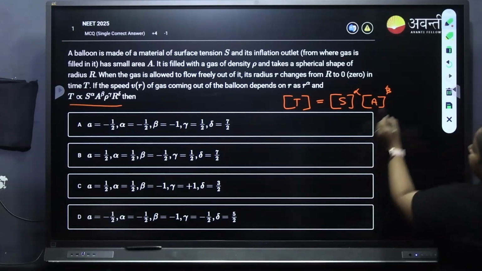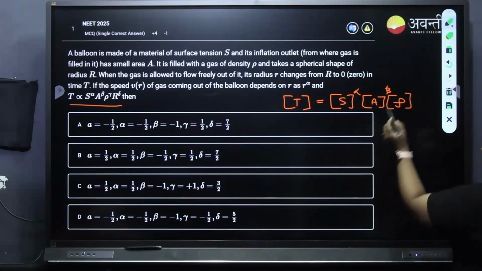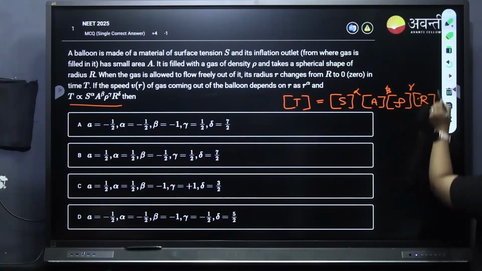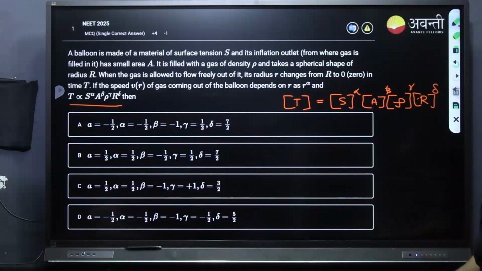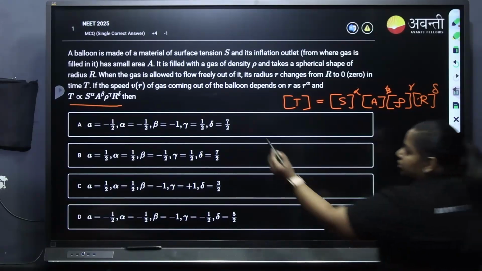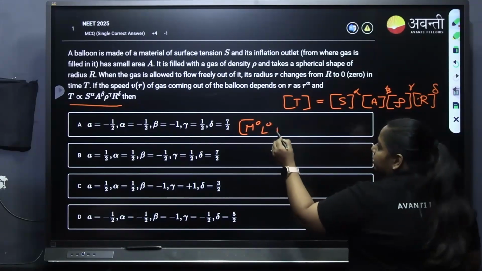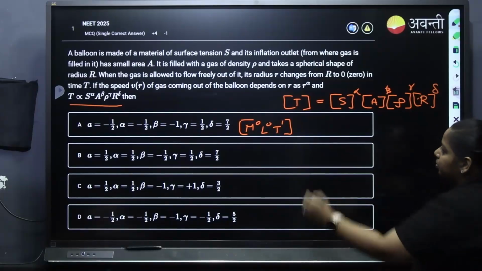Then rho, density, to the power gamma and radius to the power delta. You just have to equate this, find alpha, beta, gamma, delta. If you find that, you will get the answer. So for time we can say M0, L0, T1. This is the LHS side, right?